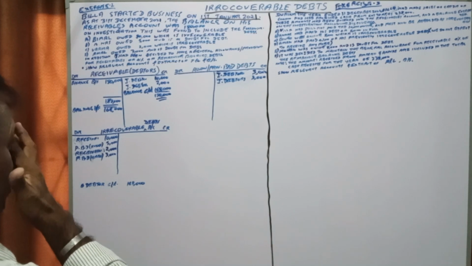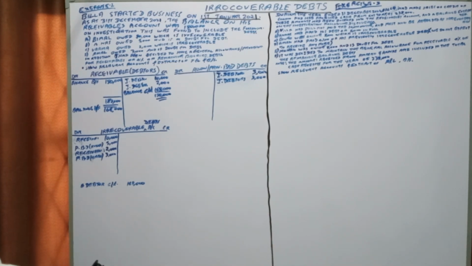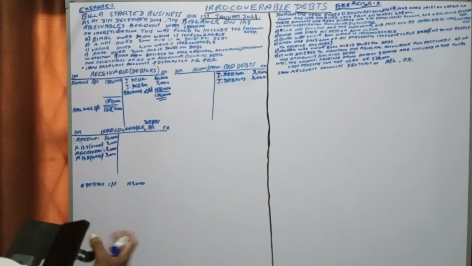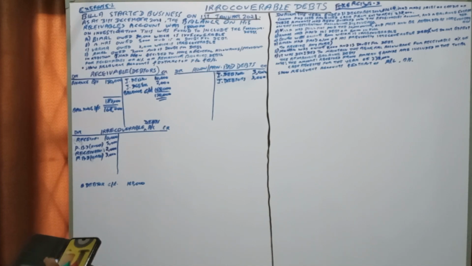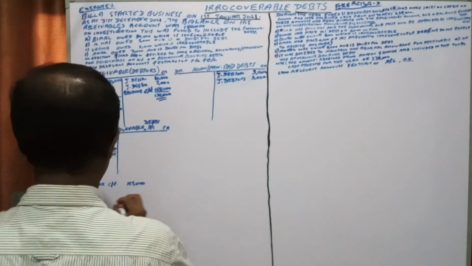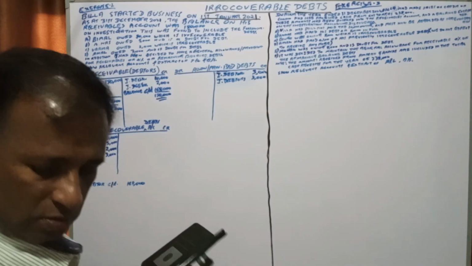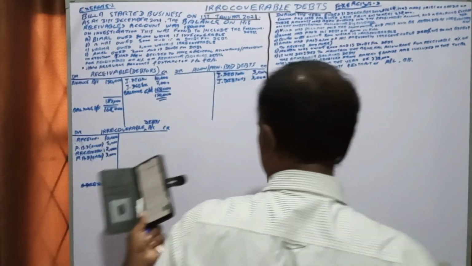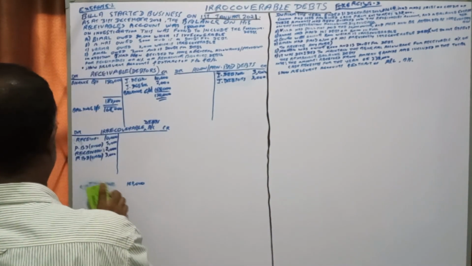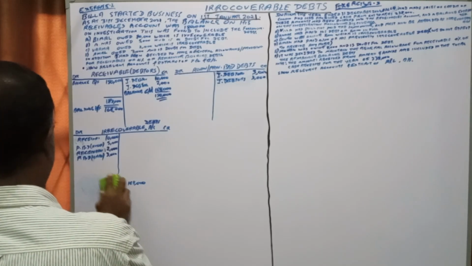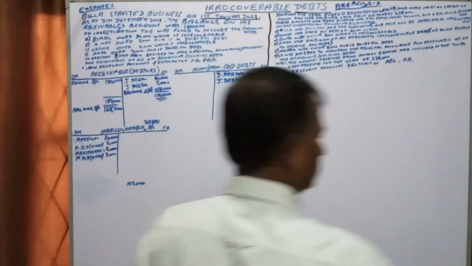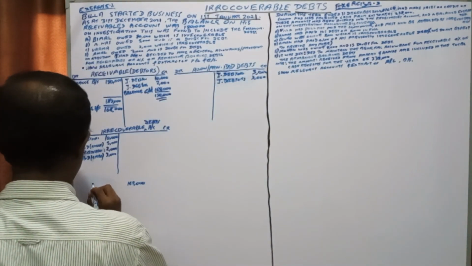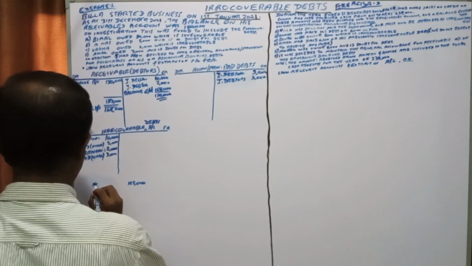We have to make a provision for that. 168,000 into 0.04, that means the provision or allowance.